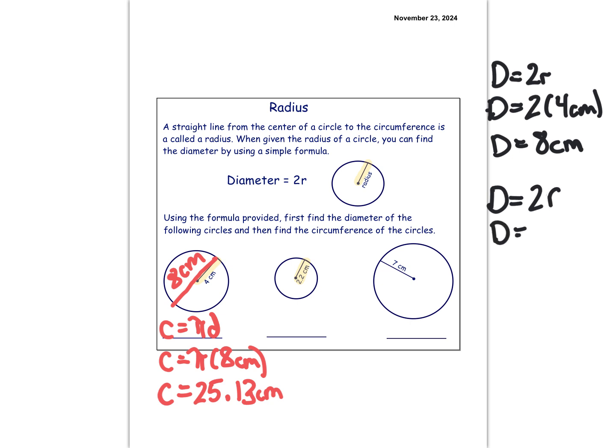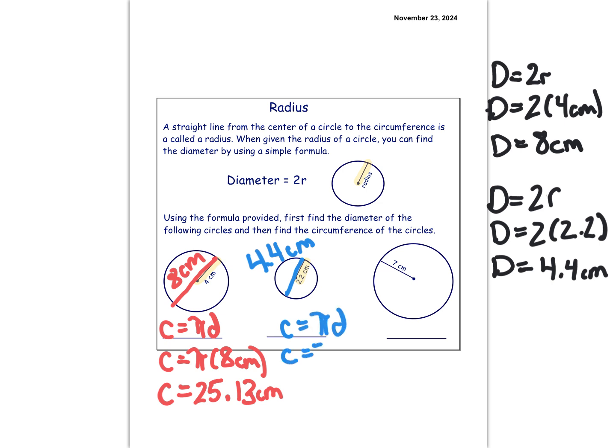D equals 2 times 2 and 2 tenths. And D ends up being 4 and 4 tenths centimeters. So I can add that in, and I know that the blue is going to be 4 and 4 tenths centimeters.